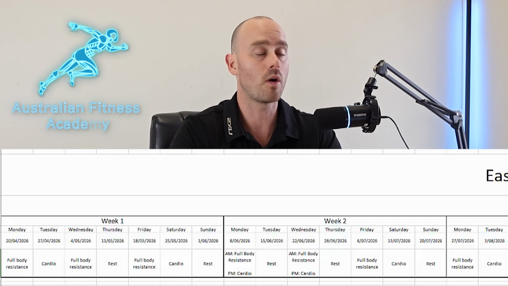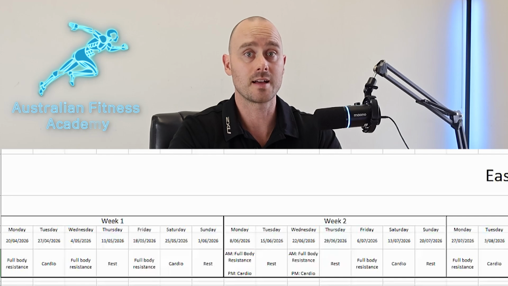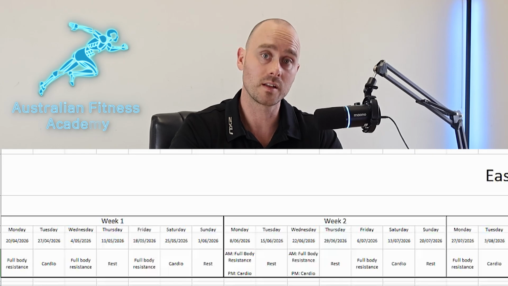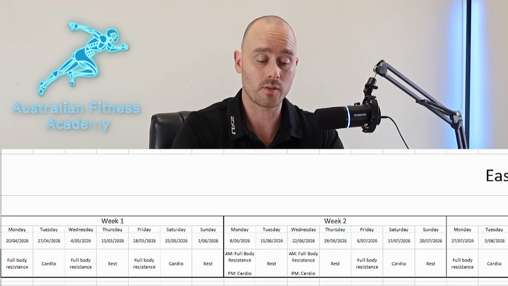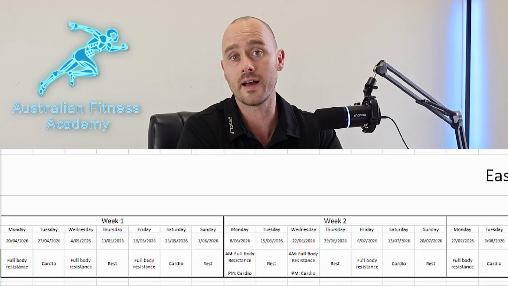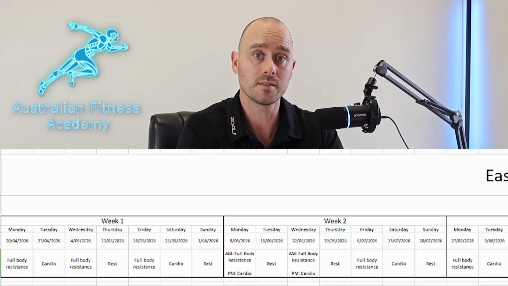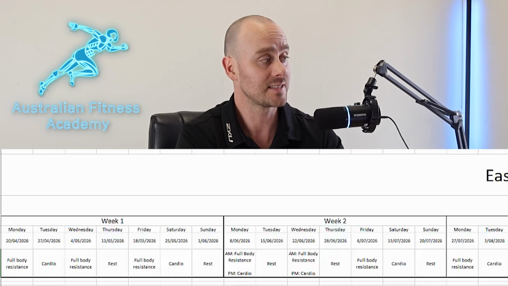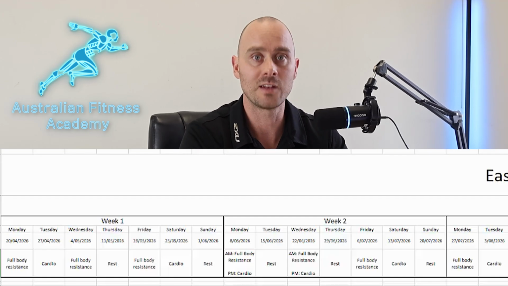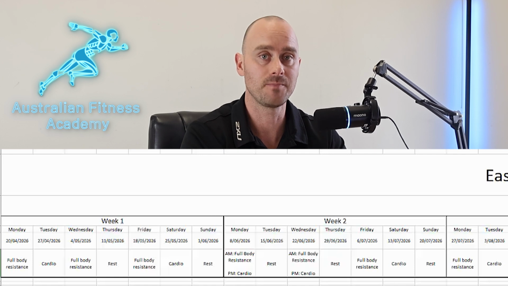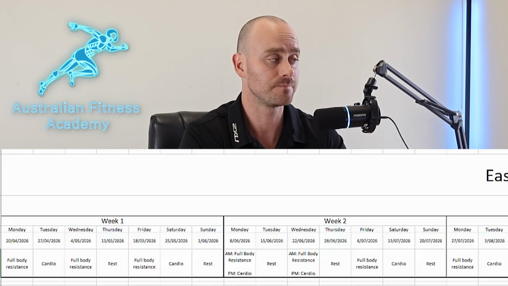So you can do a full body resistance training session plus 10 to 15 minutes of a HIIT circuit, or some sort of intervals, or even just a high intensity tempo run, row or ride for 15 minutes, maybe 20, depending on how you balance that program. If this is something they need to consider in order to get the work in, resistance and cardio in the same session is absolutely an option.